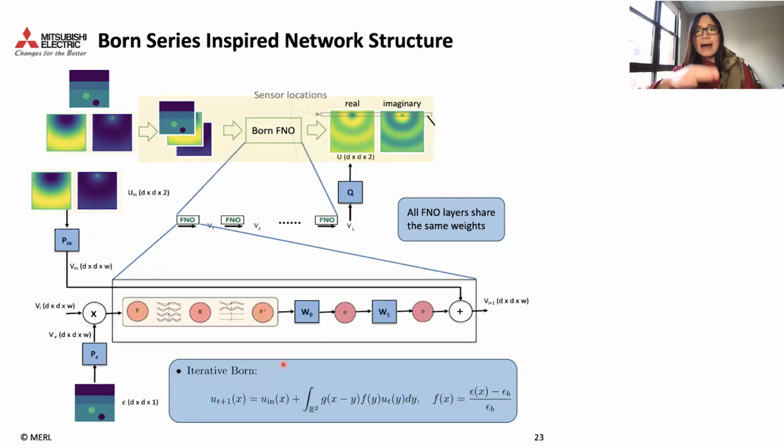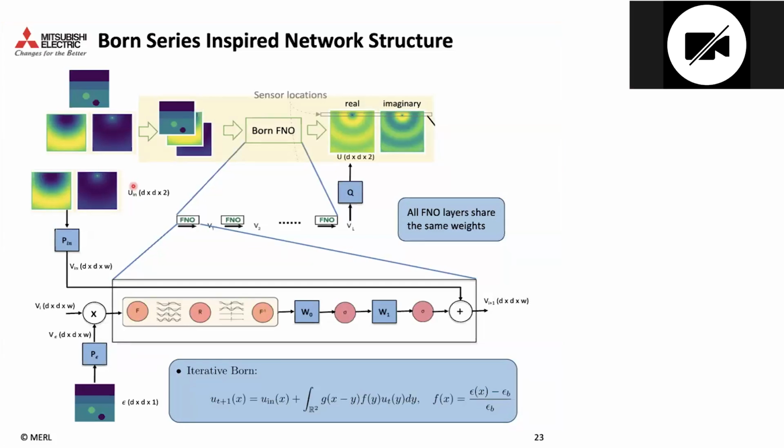And yes, in the high level sense, one more layer will represent one more higher order term that we keep in the Born series. So theoretically, you should be able to represent more complicated multiple scattering in the field. Yeah, they said that you answered their question. So good.